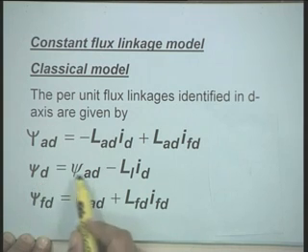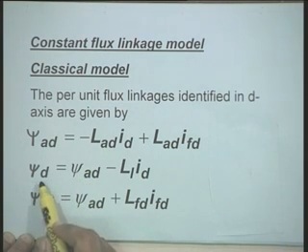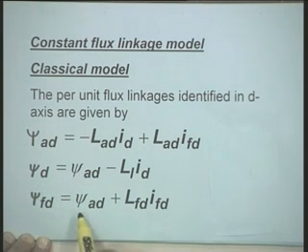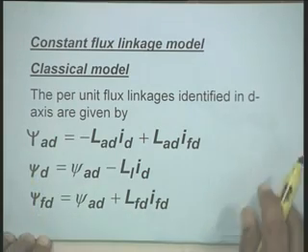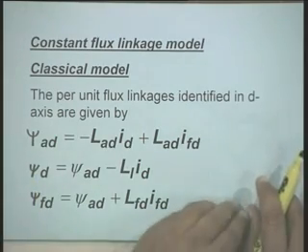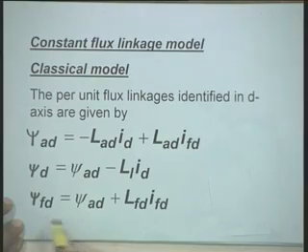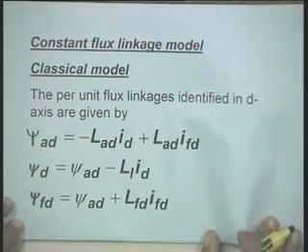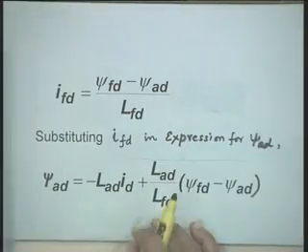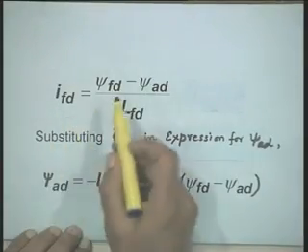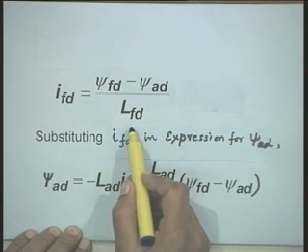This is the difference between psi_AD and psi_D. Psi_FD is psi_AD plus L_FD I_FD. These equations are standard, we all know about them. Now, using this last expression, we find the expression for I_FD. The I_FD comes out to be equal to (psi_FD minus psi_AD) upon L_FD.